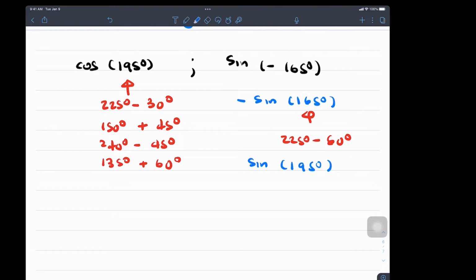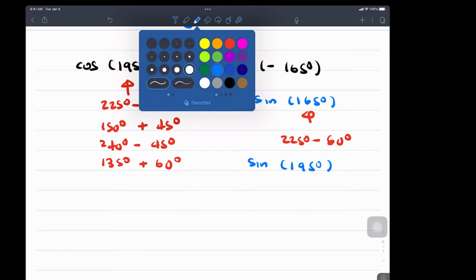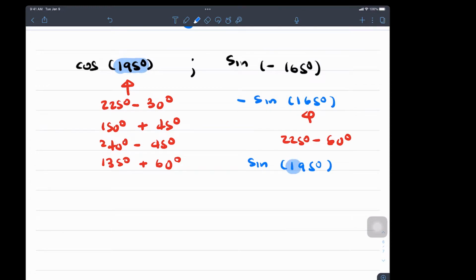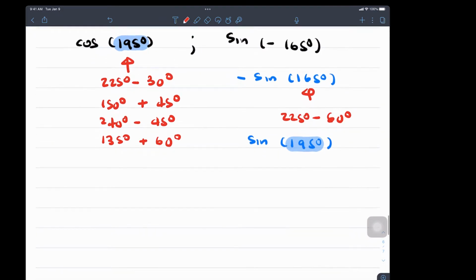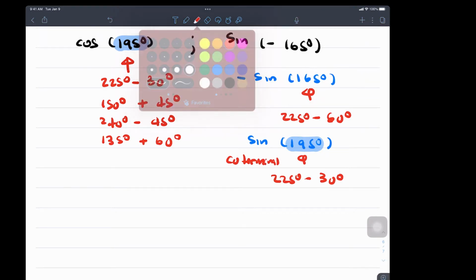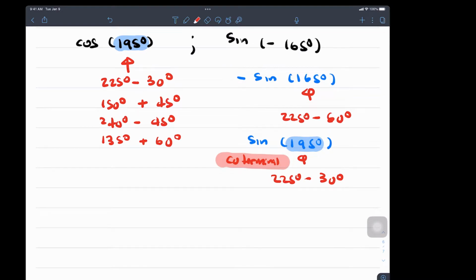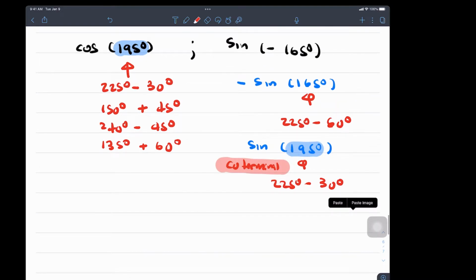And then again you're in that same situation, and maybe you're going to use 225 minus 30 or something, right? So you could use coterminal as well. I'm not saying that's bad. It's not. It's just different. But I would just use even and odd and call it a day. But you can definitely use coterminal angles, without a doubt.